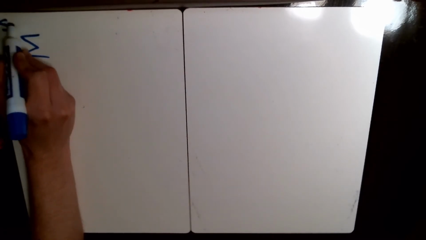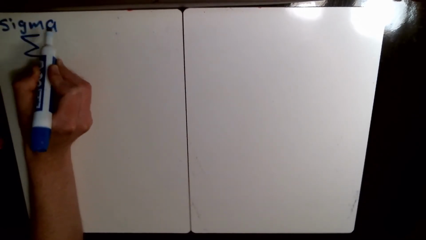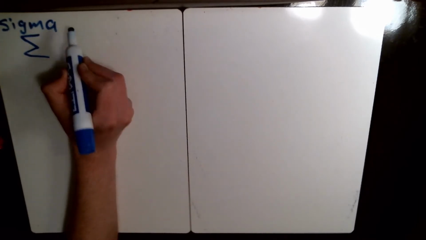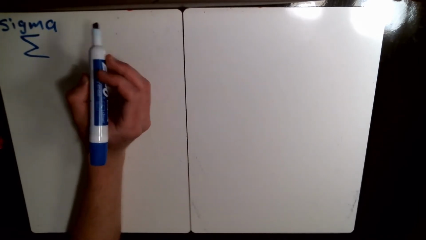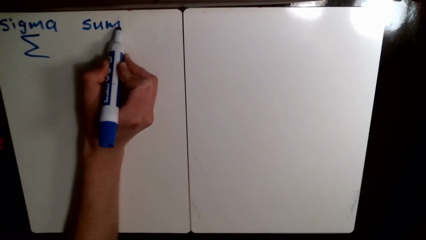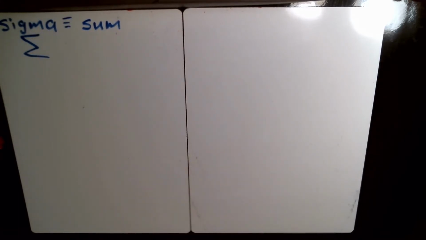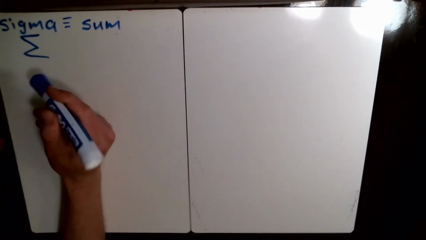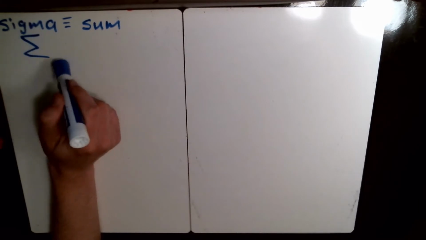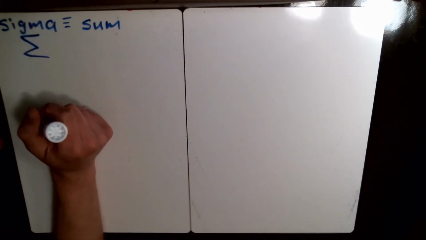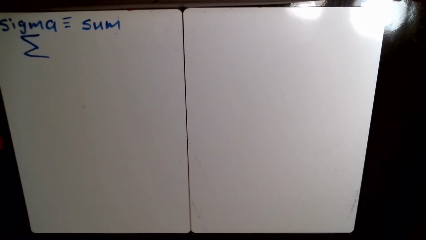This is sigma. It basically just means sum. It's equivalent to sum. So when you're doing a sigma in an equation, it means you're adding things up repeatedly.